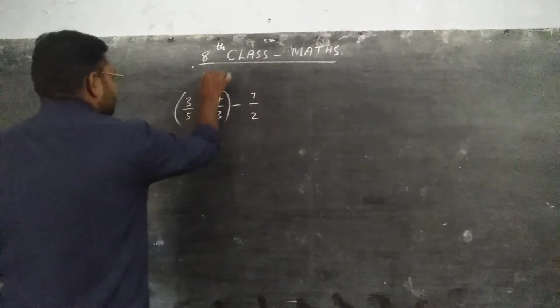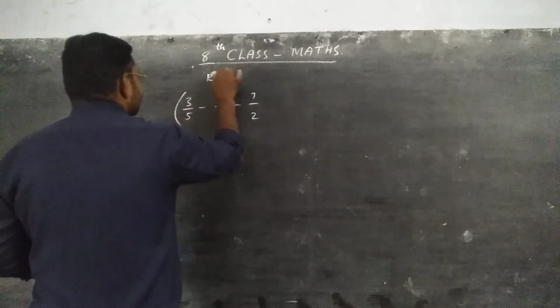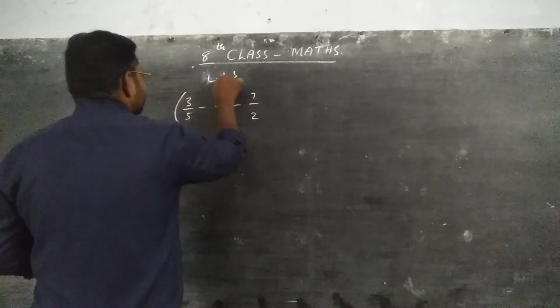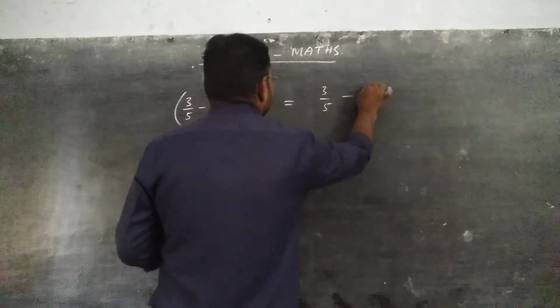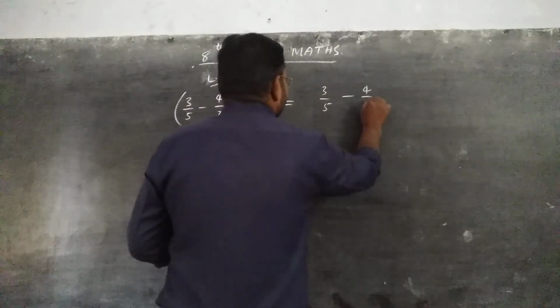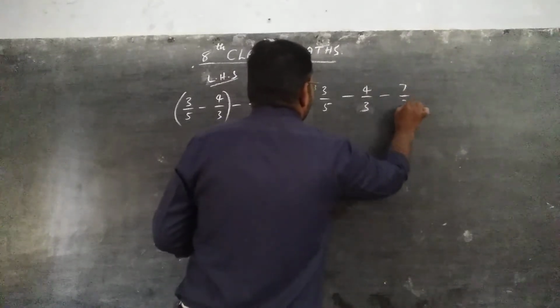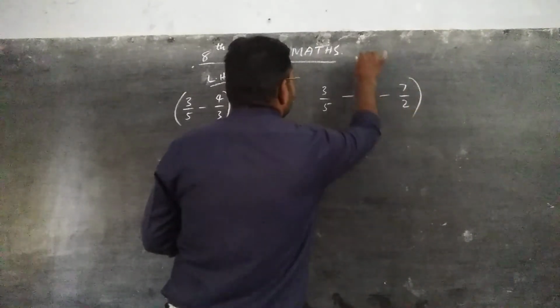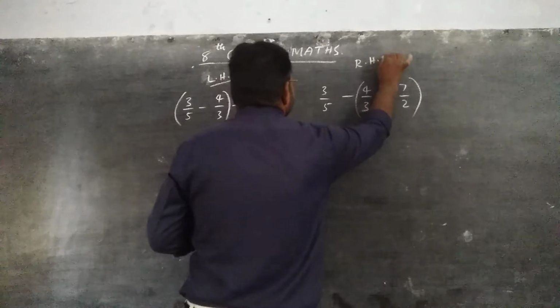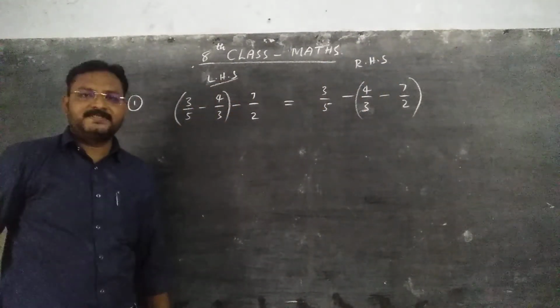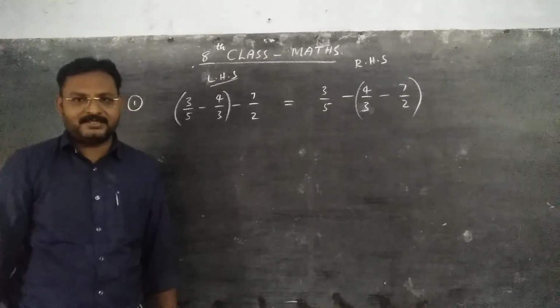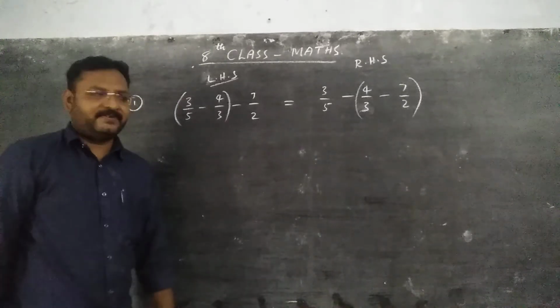Bracket for the first two numbers is LHS. Same numbers, and we apply the bracket for the last two numbers, that is RHS. This is one problem. It will also not satisfy.